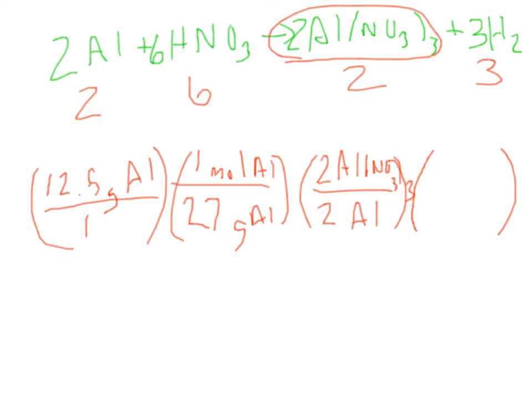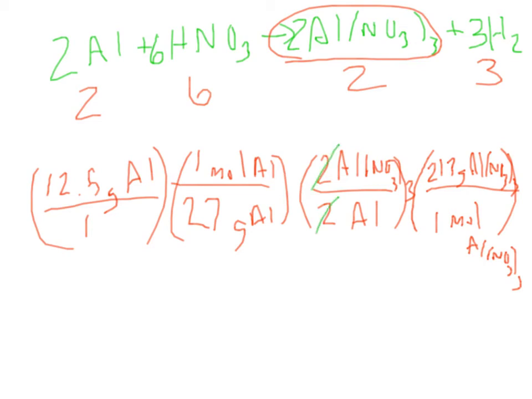So this is mole AlNO3, or not a lot of room here. And this is 213 grams AlNO3. Well, if you want to simplify this a little bit, I can get rid of these 2's. And I think that's about it.